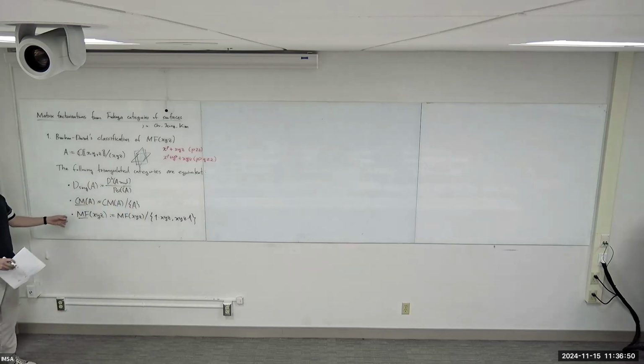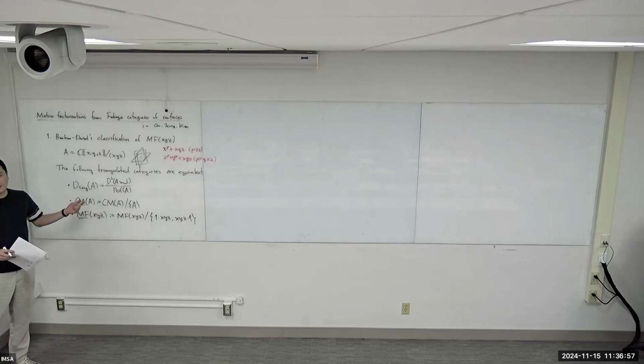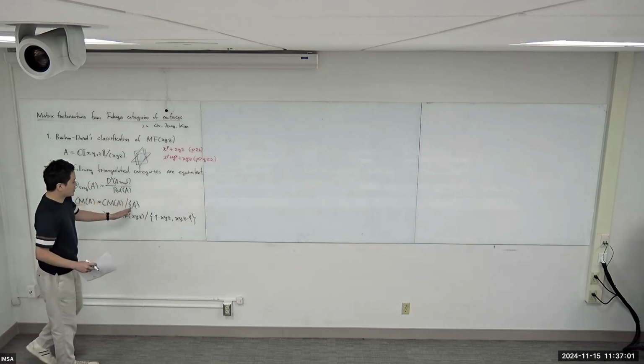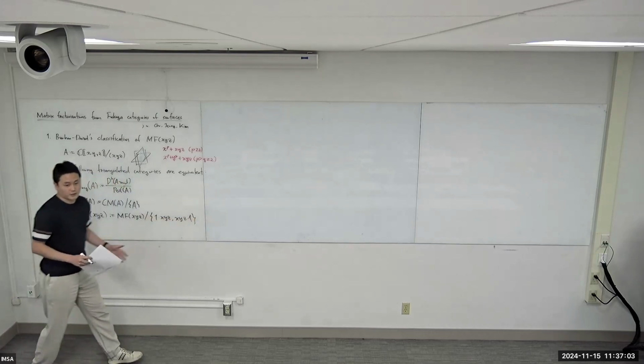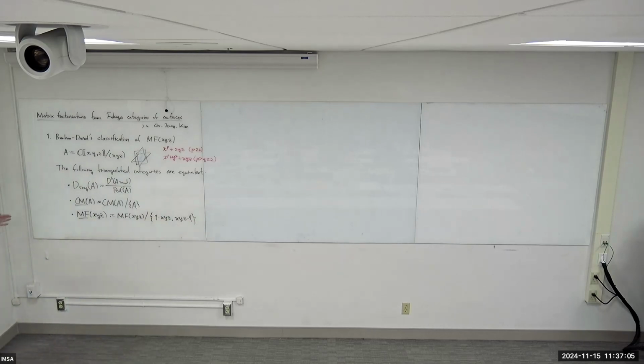So these stable categories and the original categories are not that different in terms of classification, because we just mod out one object here and just two objects there. But actually, these categories are all equivalent. So in terms of classification, if we classify one, then we get all the classifications.